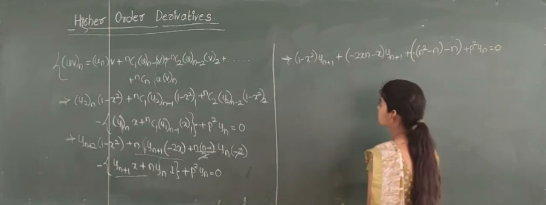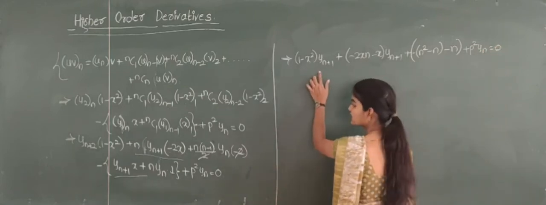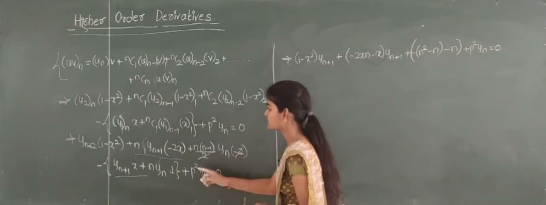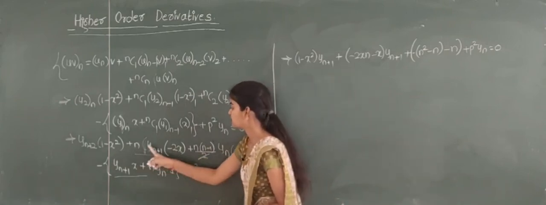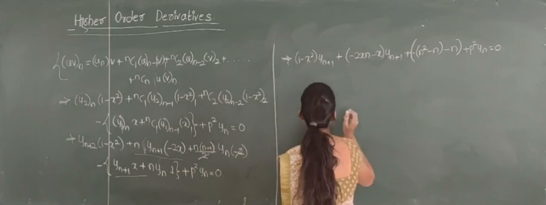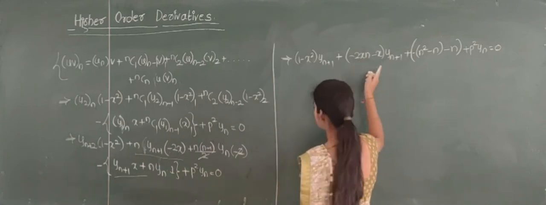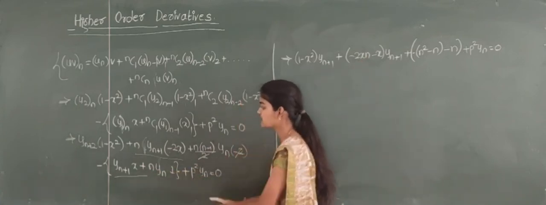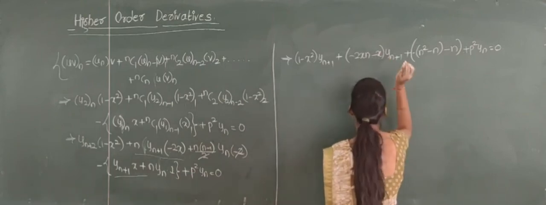Let us check whether all the terms are taken or not. The first term we have already written. With respect to y(n+1), our term is minus 2xn, which I have written. Then with respect to y(n+1) again, here x is there with the minus sign, so this is minus x.